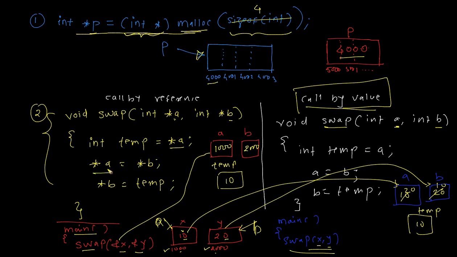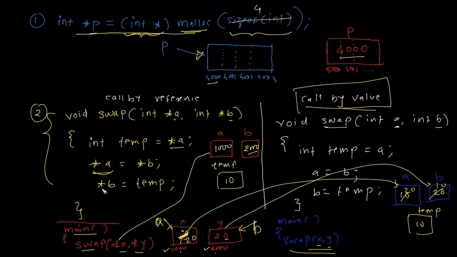Then star A, the value at the address in A, is equal to the value at the address in B. The address in A is 1000. What is the address in B? 2000. What is the value at 2000? 20. So 20 will be assigned to the value at the address in A, that is 20 will be assigned here.